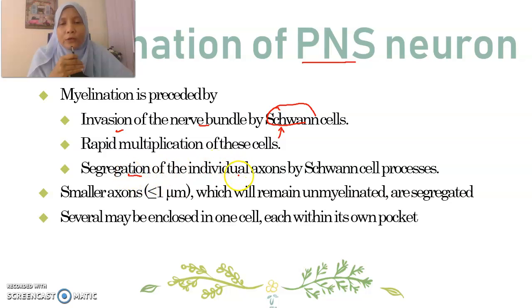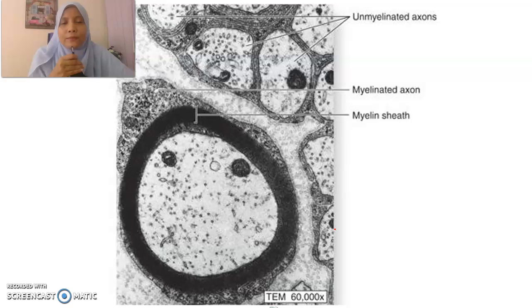This segregation of single axons leads to myelination. If the axon size is smaller, less than 1 micrometer, it will remain unmyelinated and only segregated; several of them may be enclosed in one cell, and some are in their own pocket.